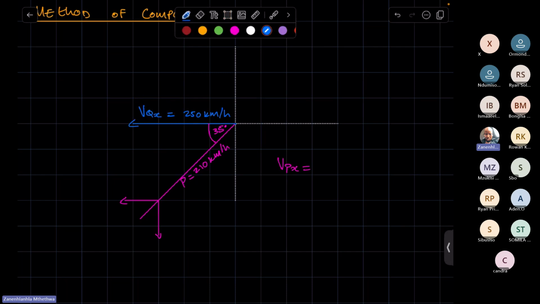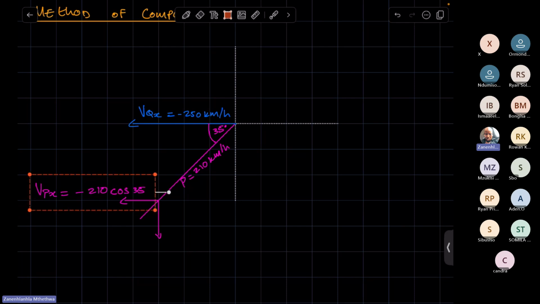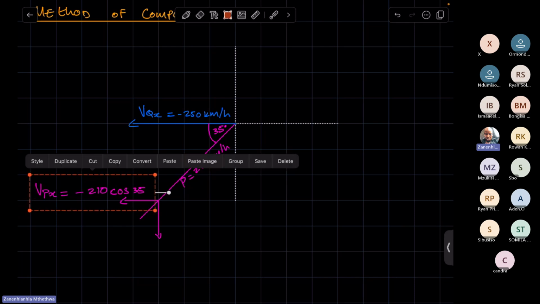Because this is headed west, we take it as negative, and we do the same thing with the component of p in the x direction. Since it is headed west, it is going to be negative 210. Our angle is referenced from the x-axis, meaning the x component will be in terms of cos. So this will be cos 35. All right, so that's the component of p in the x direction.